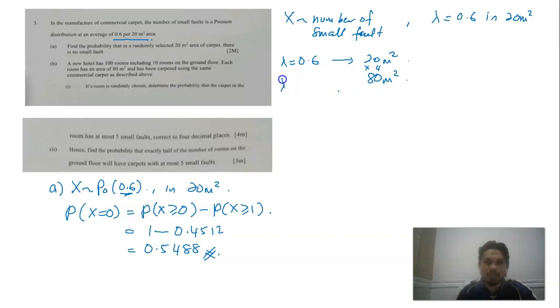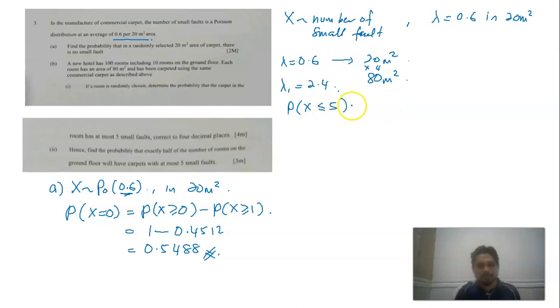So the new lambda is 0.6 times 4 equal to 2.4. At most 5 small folds means the maximum is 5, so the probability of X less than or equal to 5.